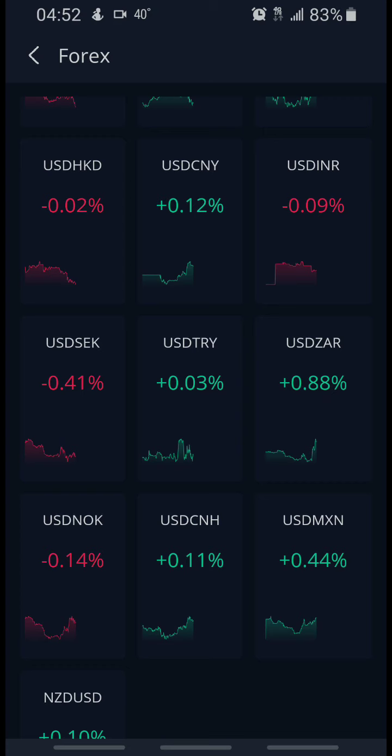USD CNY, that's renminbi. China has two currencies: one that they use inside the country, one that they use outside the country. USDCNH is what they use outside the country, and the dollar is losing momentum against that currency.